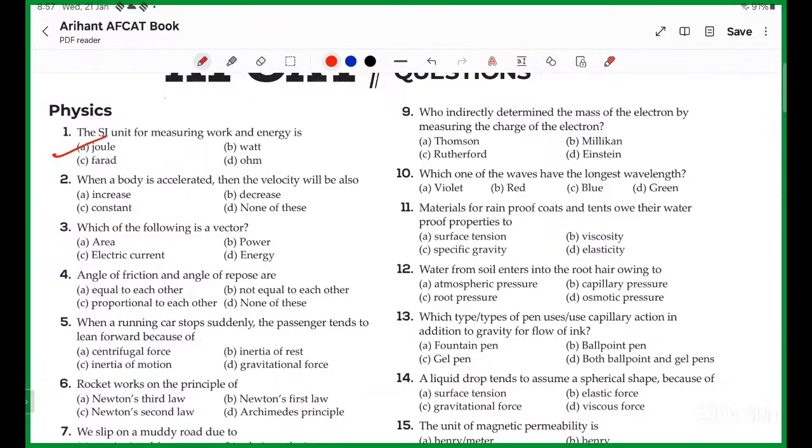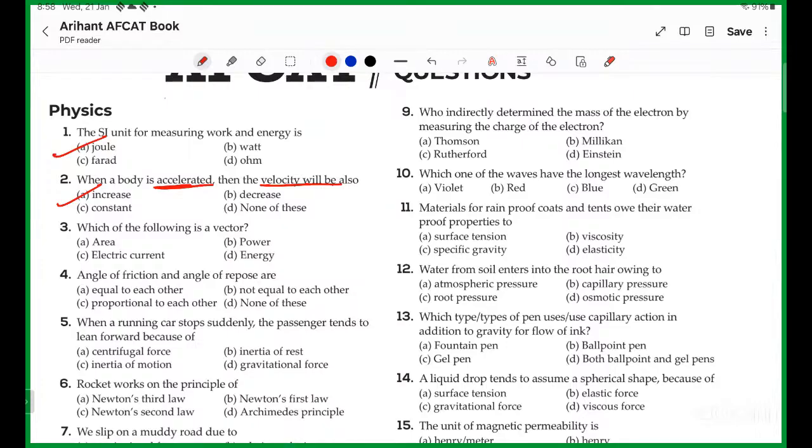Okay. When a body is accelerated, then the velocity will also be. If the acceleration of any body is increased, then the velocity will also be increased. If acceleration is decreased, then velocity will also be decreased. Okay, so here it will increase. Which of the following is a vector quantity? Okay, so basically, what are vector quantities?